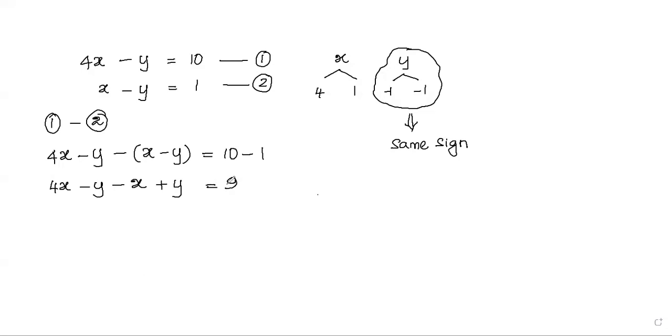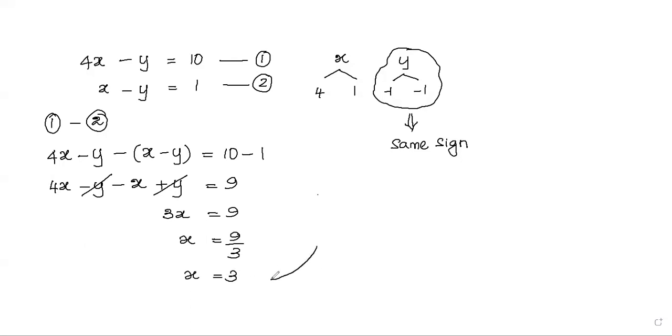Thereafter, the negative y and positive y cancel. 4x minus x is 3x. 3x equal to 9, and x is equal to 9 divided by 3, so x is equal to 3.